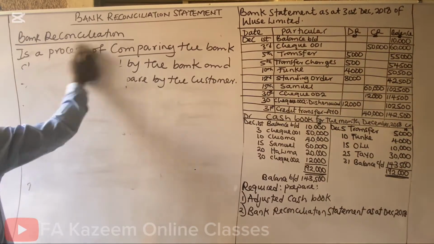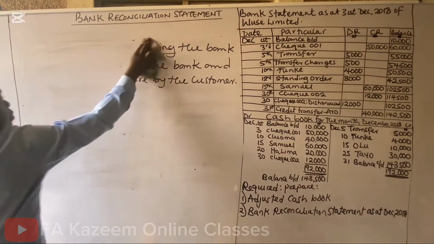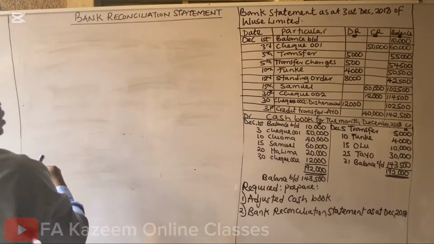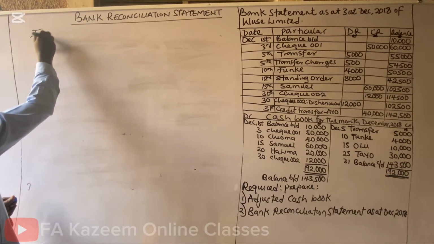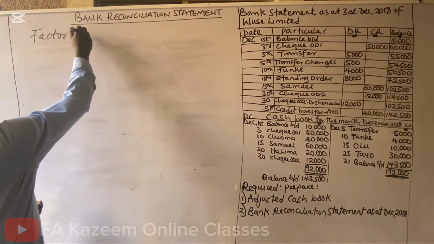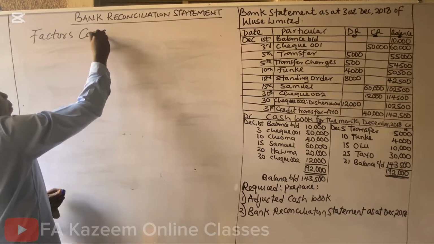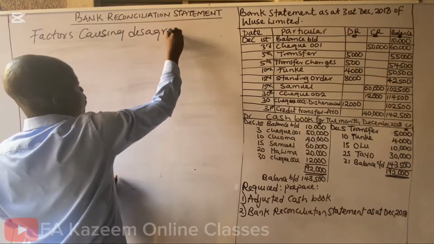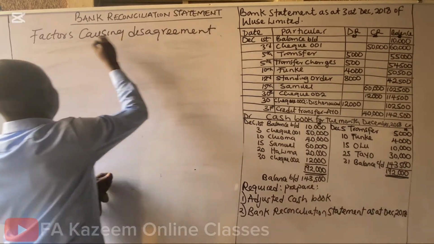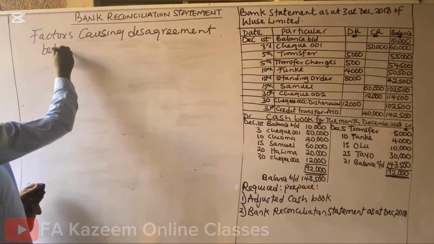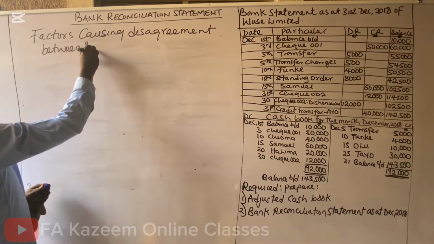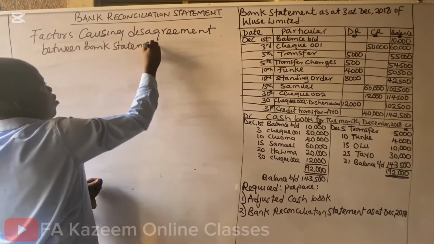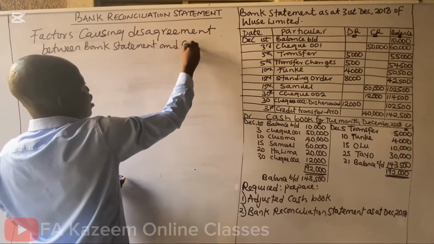We call them factors causing disagreement between bank statement and cash book.